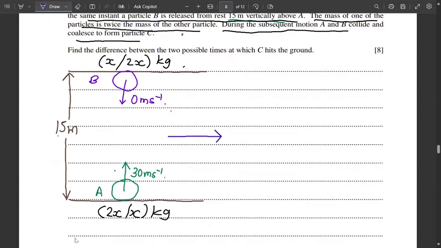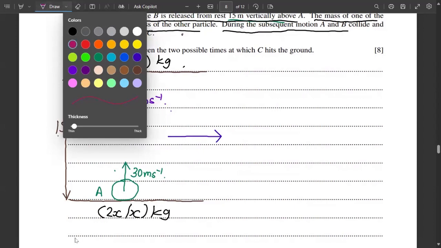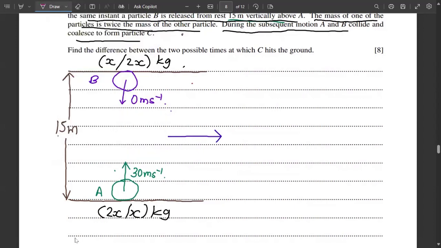Now first let's find out at what time they meet and at what height they meet. The distance covered by A and the displacement of B will add up to 15, correct?